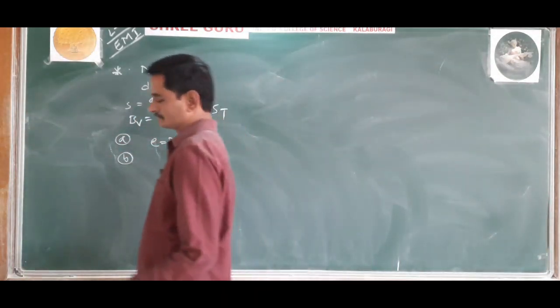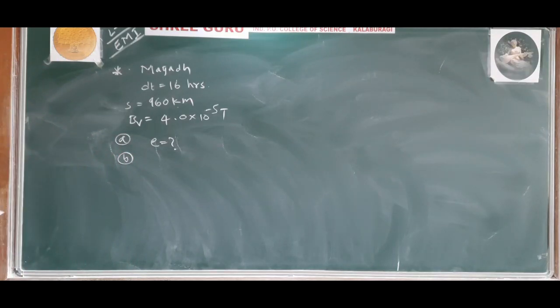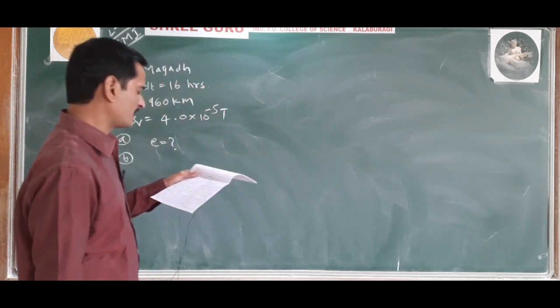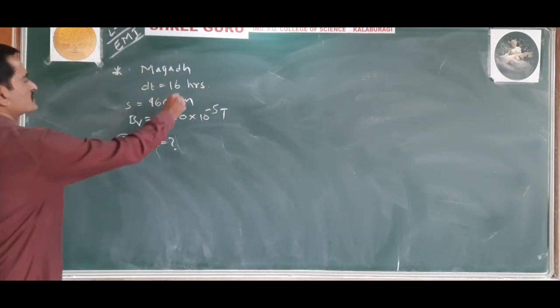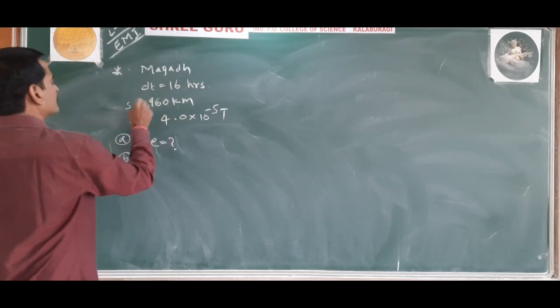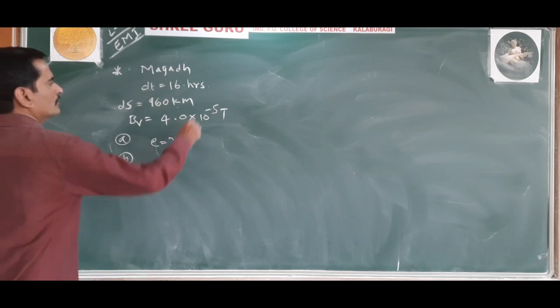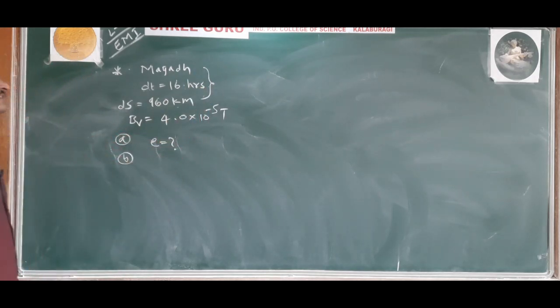Okay, see here. So what they have given? Magad Express takes 16 hours to cover the distance of 960 km between Patna and Ghaziabad. So the distance is 960 km and the time taken is 16 hours. So therefore we can find the velocity of the train.